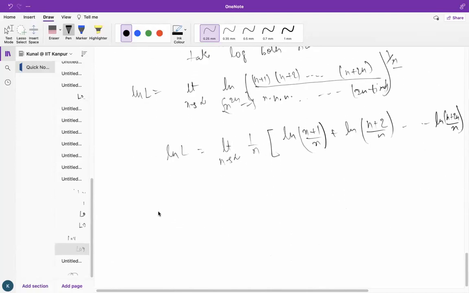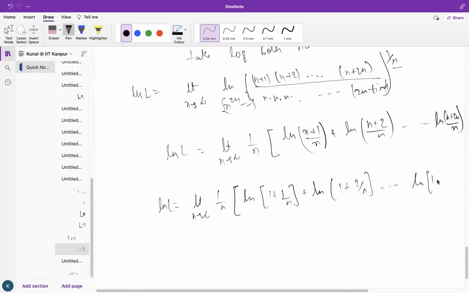Now, if you look at here carefully, what we get is the limit n tending to infinity of 1 by n, let's do something here like ln 1 plus 1 by n plus ln 1 plus 2 by n. We just divided by n, right? We are doing nothing. Because there is a 2n term, n is cancelling both. All right, this is actually interesting.